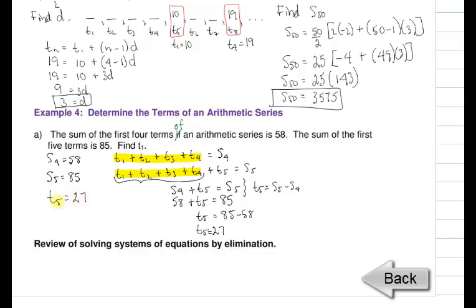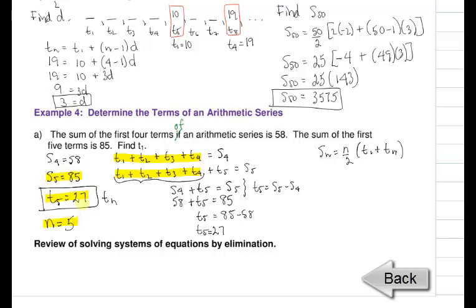Okay, and because this is my T subscript n, I know that n is 5. All right, and because I know that T subscript 5 is my T subscript n, I'm going to be using my first formula, and that's S subscript n equals n over 2 times T1 plus T subscript n. So I know that S5 is 85, I know that T5 is 27, and I know that n equals 5.